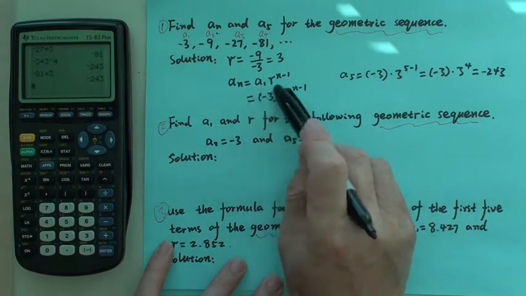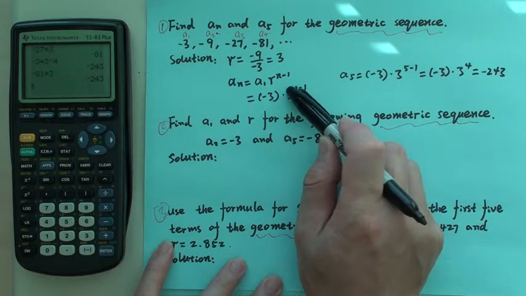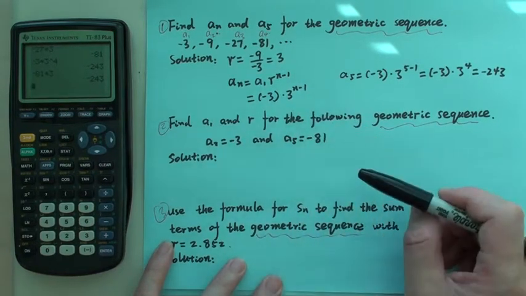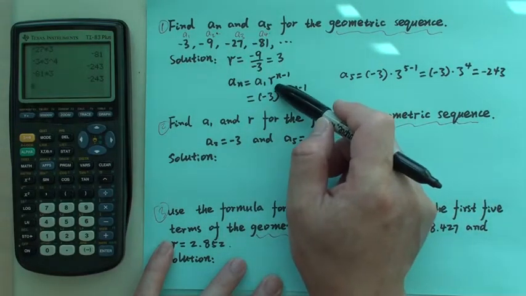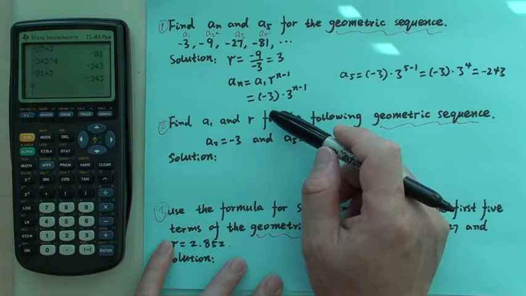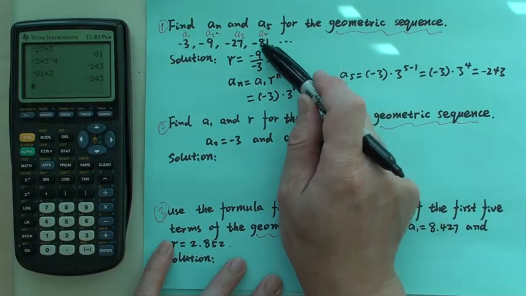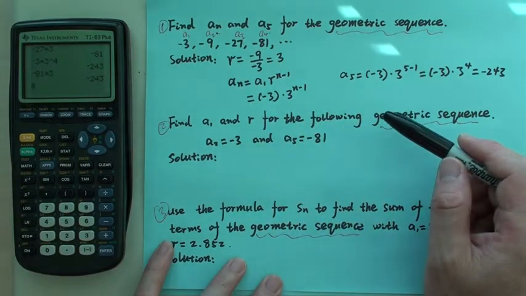This formula should be easy to remember. It's like the arithmetic sequence. You add one difference, you get the second one. Add two differences, you get the third one. Add three differences, you get the fourth one.